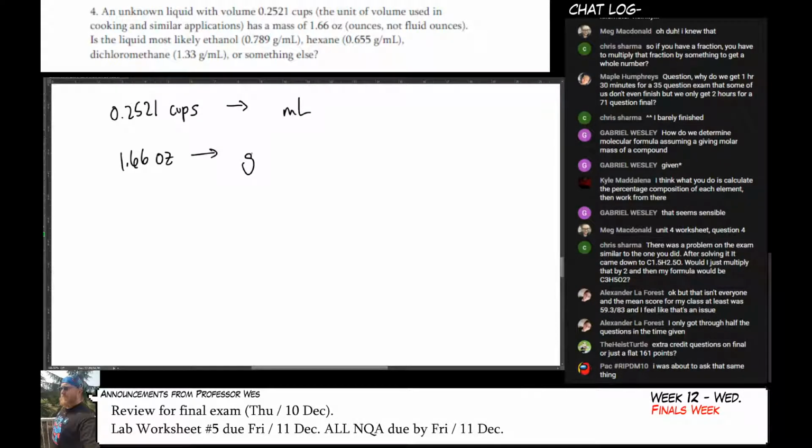And we need to do that. So what I would do for this type of problem is I would go straight to Google and I would ask it how many grams per ounce. So 1 ounce equals grams. And it says 28.349 grams. So 1 ounce equals 28 point, I've already forgotten those numbers. 28.3495.